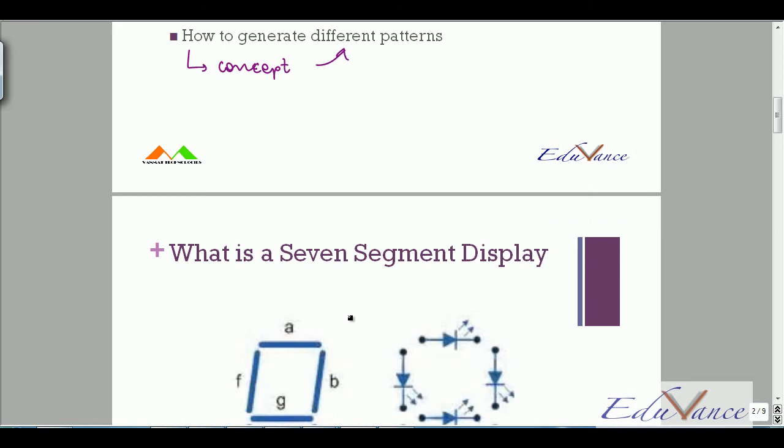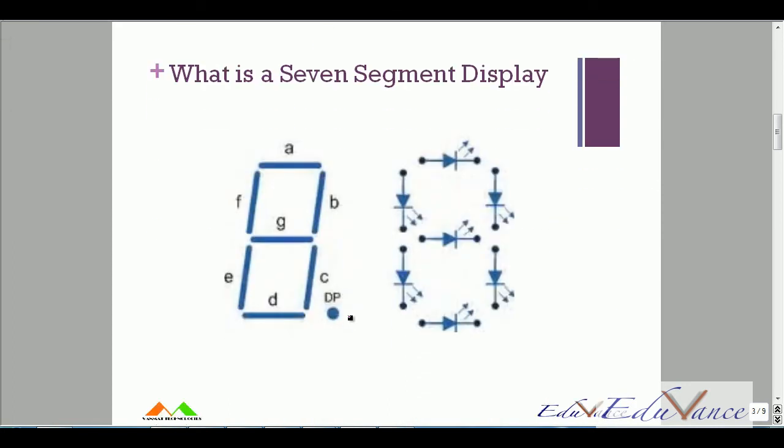So let's begin. Well, a 7-segment display is also more commonly known as a 7-segment LED display. LED, which we've seen in a previous lecture, stands for light emitting diode.